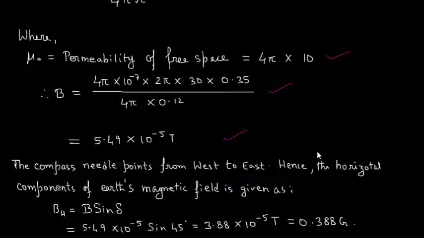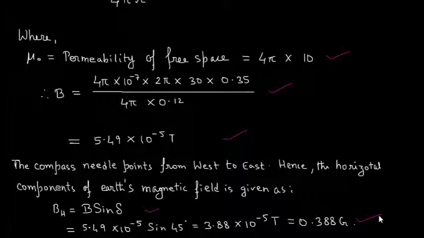Hence, the horizontal component of Earth's magnetic field is given as BH is equal to B sine delta, which is equal to 5.49 multiplied by 10 to the power minus 5 sine 45 degree, which is equal to 3.88 multiplied by 10 to the power minus 5 T, which is equal to 0.388 G.